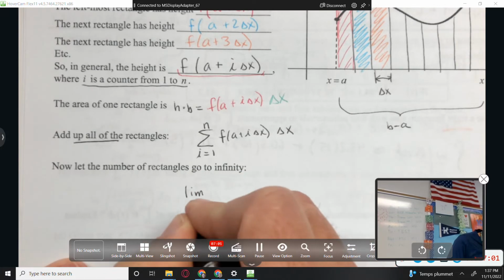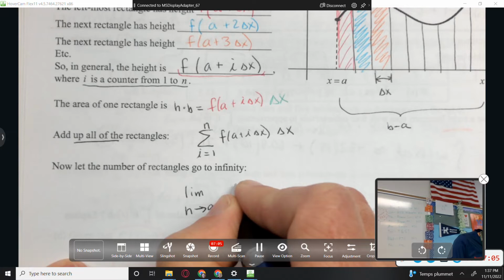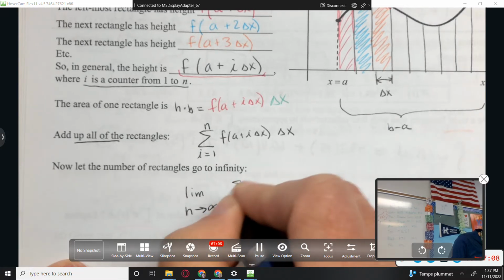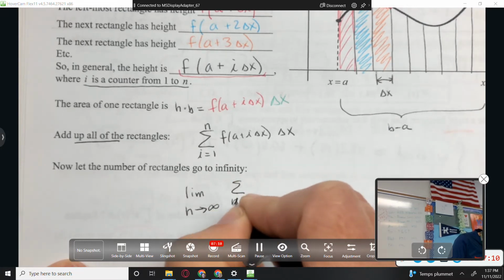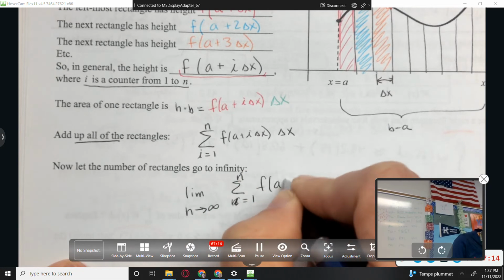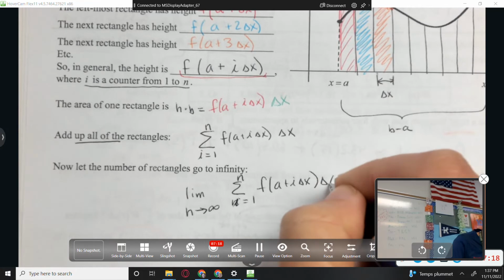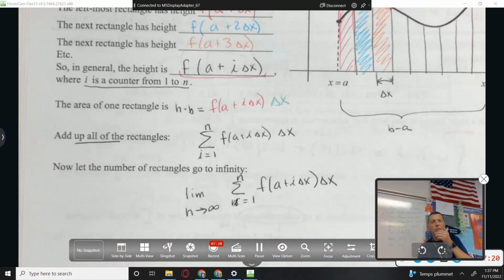So let's take the limit as n goes to infinity. And everything else is the same. We're still adding up all the rectangles. We just now happen to have an infinite number of rectangles. Add up all the rectangles. But now all the rectangles is like literally all of the rectangles. A lot of rectangles.